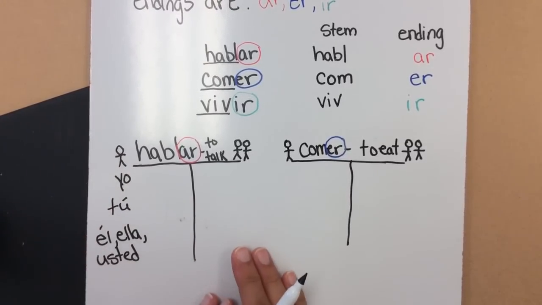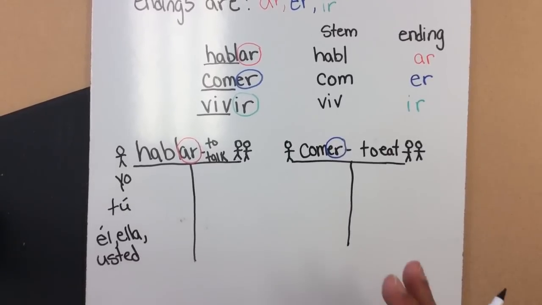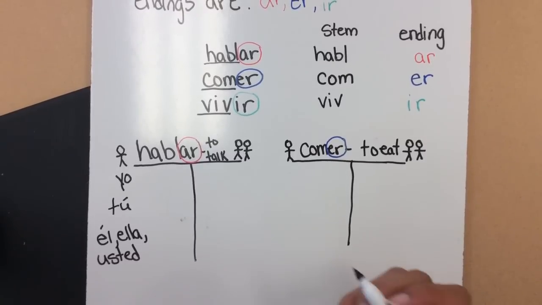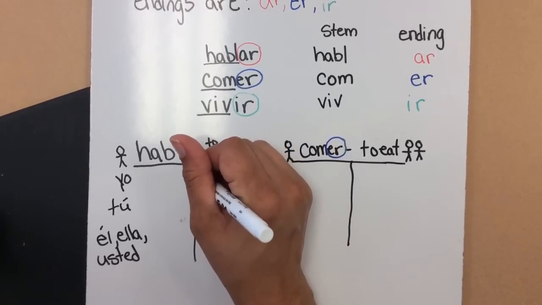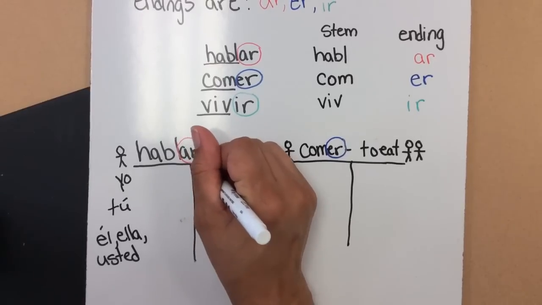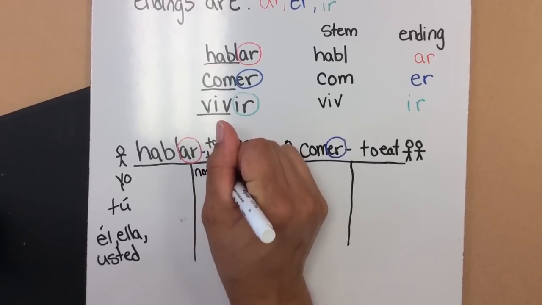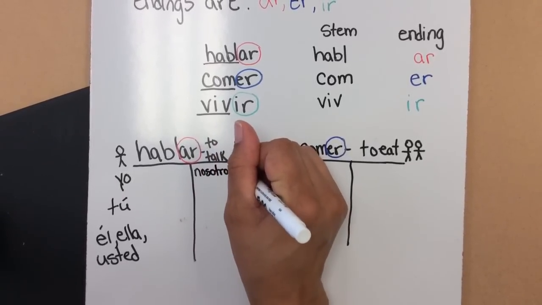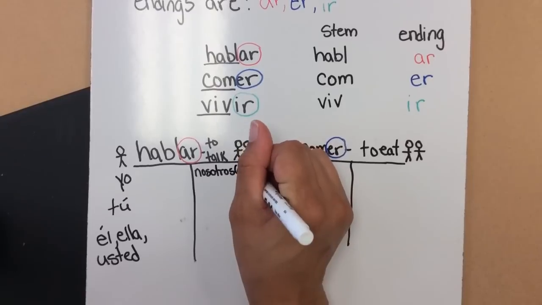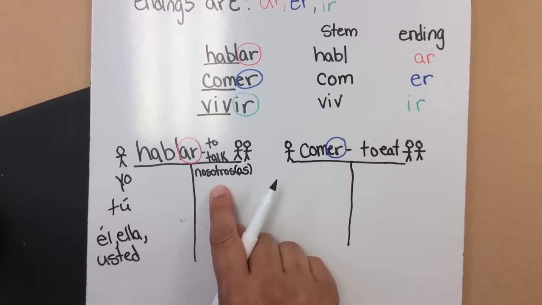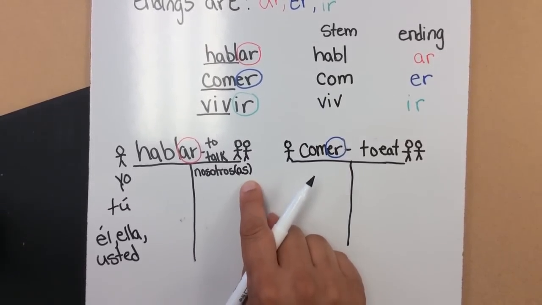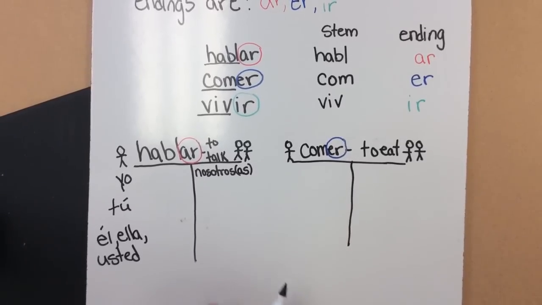Now let's look to the right side of the T-chart, and we still have to add who we are talking about. Who is our subject pronouns? For the first part, it is we or nosotros, which also can be nosotras. Okay? If it's all male, it's nosotros, or mixed gender, and then if it's all female, it's nosotras.